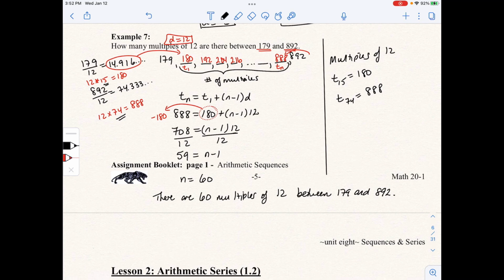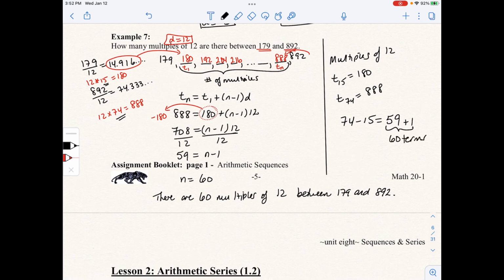So 74 minus 15 is 59. We have to add 1 to make it inclusive, which means there are 60 terms.